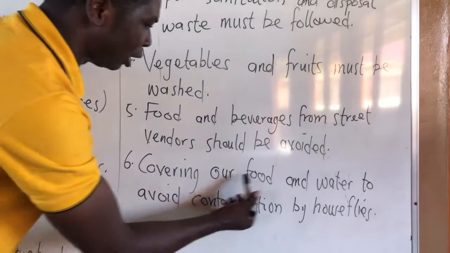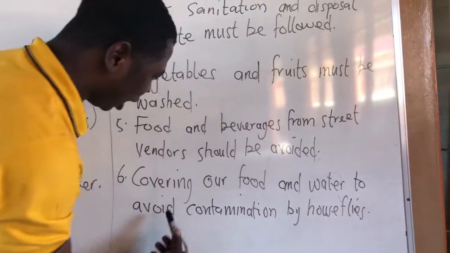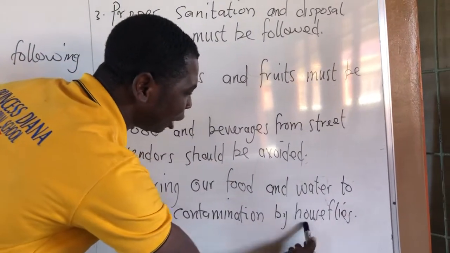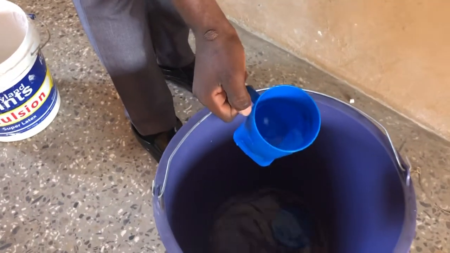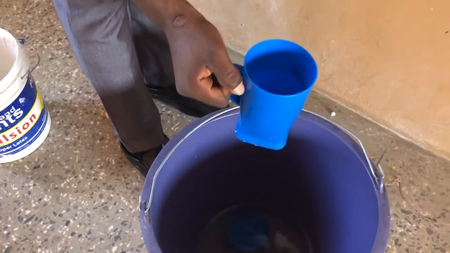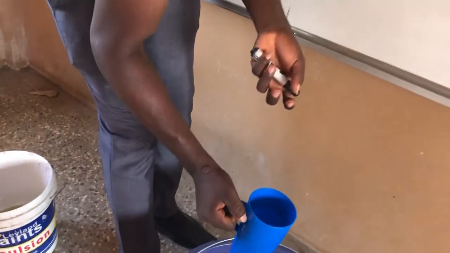Next thing, covering our food and water to avoid contamination by house flies. Like this water that I said is what? Is good for drinking. I have left it for some time. When I come and try to save this water to drink, maybe the flies has contaminated it. So what is going to happen to me? I'm going to get the sickness or the disease when I drink this type of water.